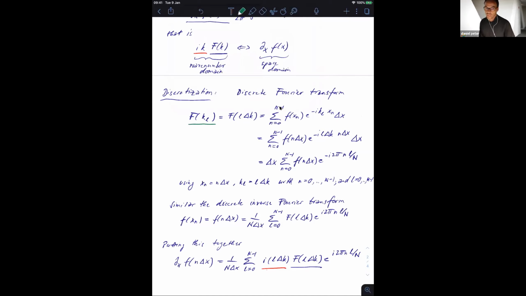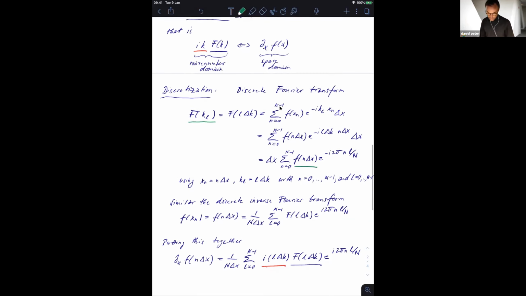So f-hat of k_l is now a function where we need to have all these grid point informations. So f evaluated at all grid points x_n. So you see that we need all the grid point information of the function for the discrete Fourier transform in order to get the wave number function.